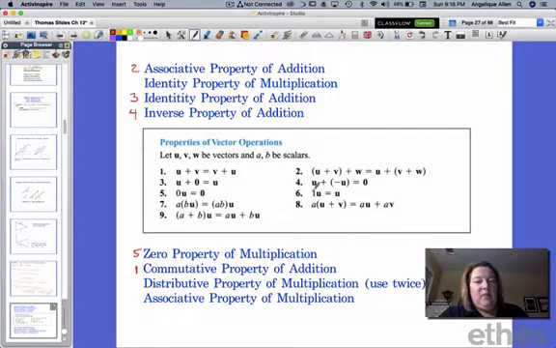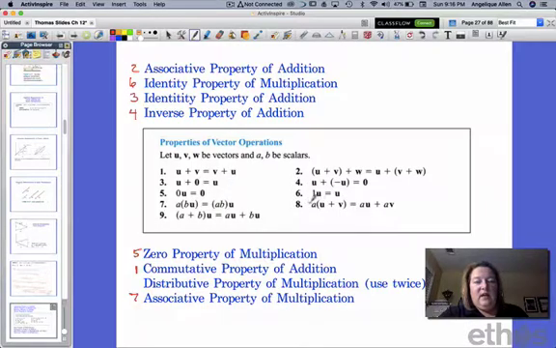This is the identity property of, instead of addition this time, multiplication. And then, again with the grouping, here we're multiplying a scalar b times the vector u first, and then multiplying by the scalar a. Here we're multiplying the two scalars together and then multiplying by the vector, so that's just associating together multiplication in different groups.